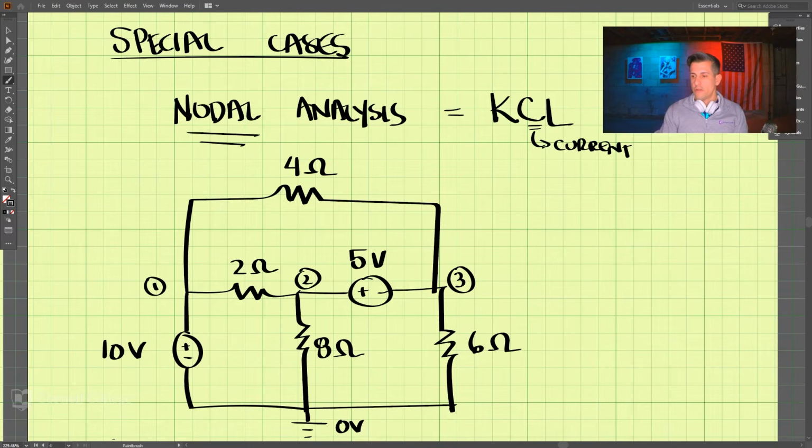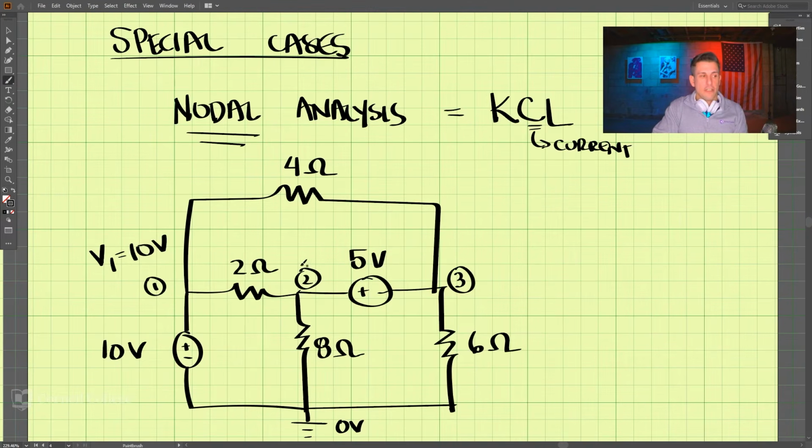So what we need to do is come up with some methods. So if a voltage source is connected to a reference node, we then just say V1 is equal to 10 volts. If this is 0, 1 must be 10 volts. And we don't need to worry about that.